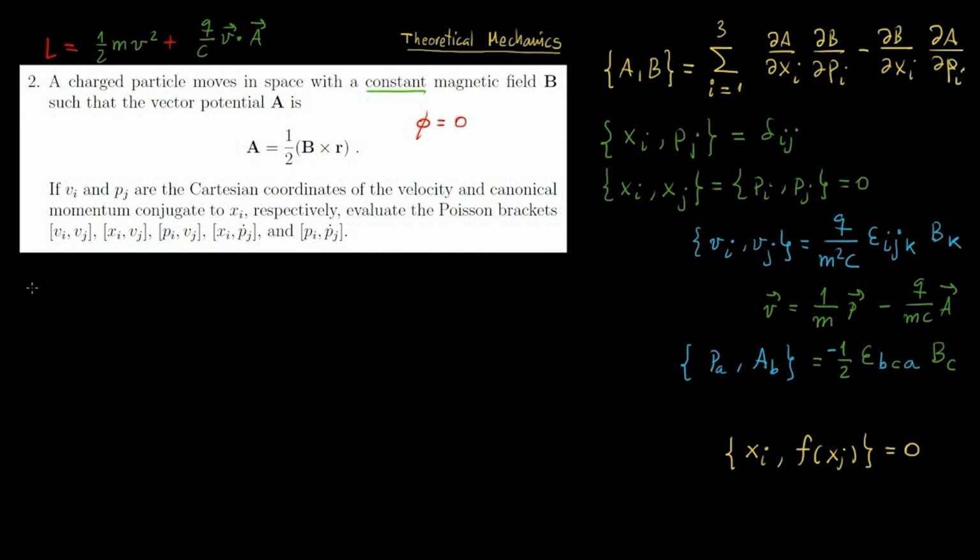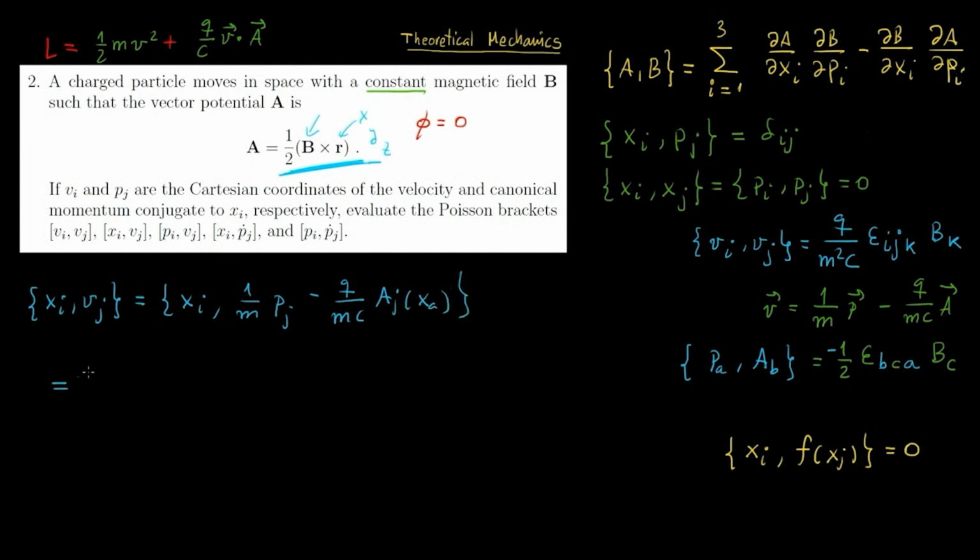Okay, let's compute {x_i, v_j}. This is x_i, and v_j is here 1 over m p_j minus q over mc A_j. But if you look at this formula, this is a constant and this is the position x, y, and z. So the dependencies here is x_a.